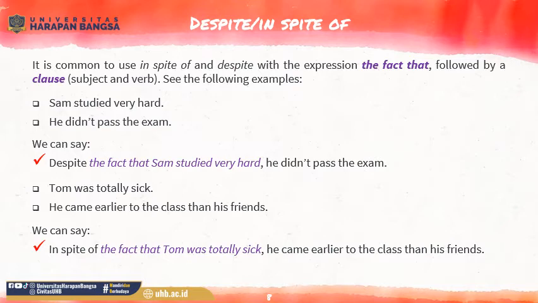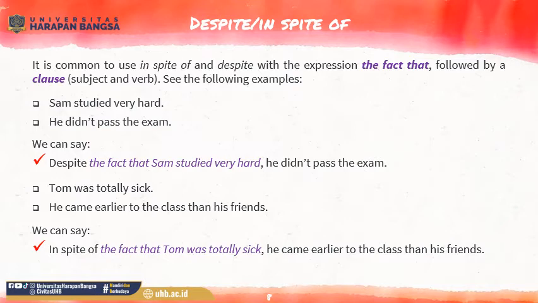So we can say despite the fact that Sam studied very hard, he didn't pass the exam ya. Or we can say in spite of the fact that Sam studied very hard, he didn't pass the exam.